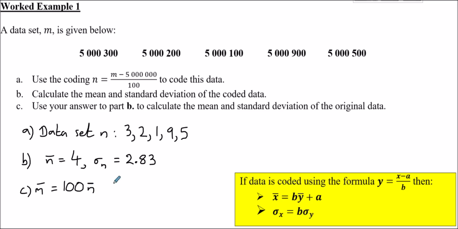Then we add whatever we subtracted from it, so we need to add on 5 million. 100 times 4 is 400. 400 plus 5 million is going to be 5 million and 400.